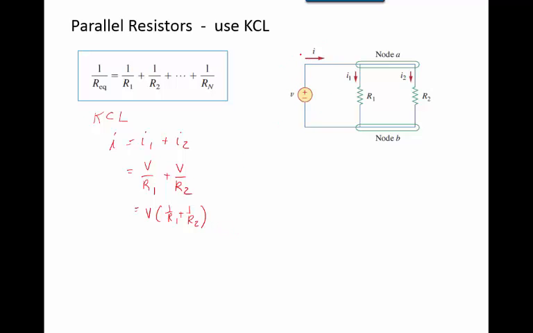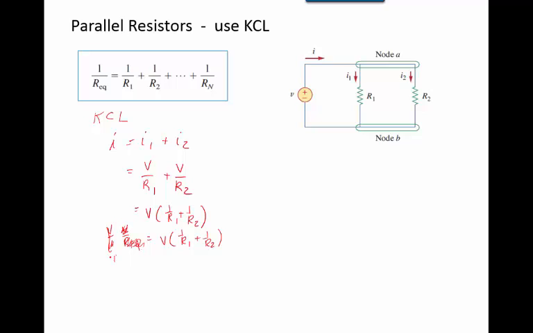So on the equivalent side, if I would do that as one equivalency, it's V over R equivalent equals V times (1 over R1 plus 1 over R2). Sorry, did I just screw that up? Yes, I did.